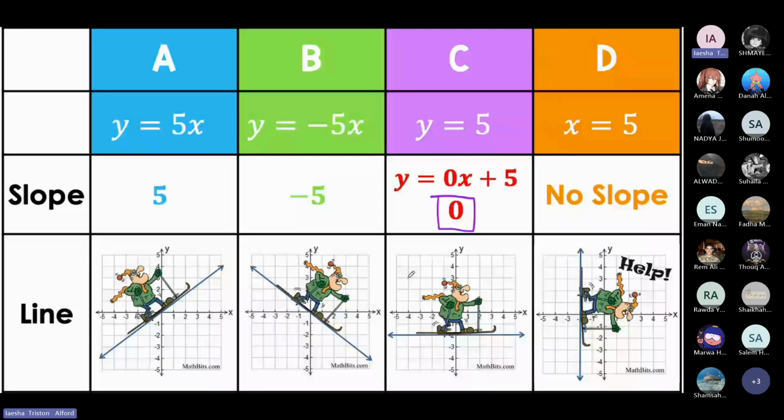Why is y equal 5 slope 0? The slope is 0 because you do not have x. And if it's x equal, you do not have slope because it starts with x. There is no y in the orange one. You have to keep them clear in your mind.